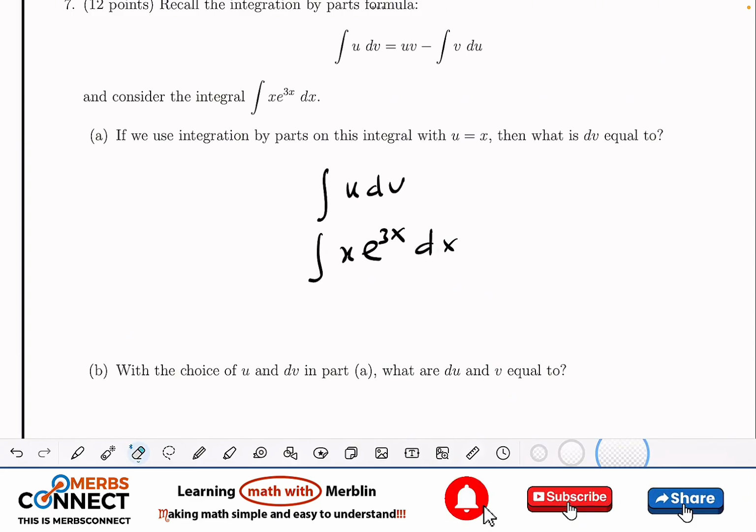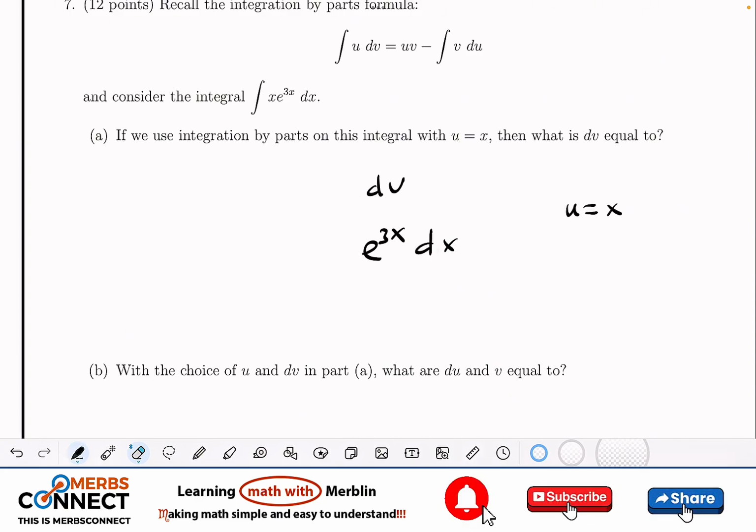I'll show you something. We can see that the integral sign is gone. Then the question says that we are choosing u to be equal to x. Since u is equal to this x here, what will be left?